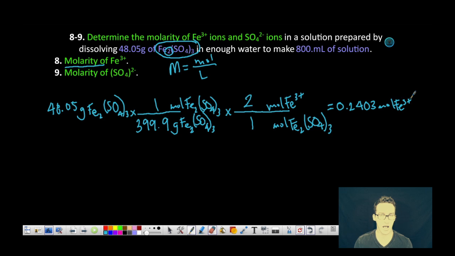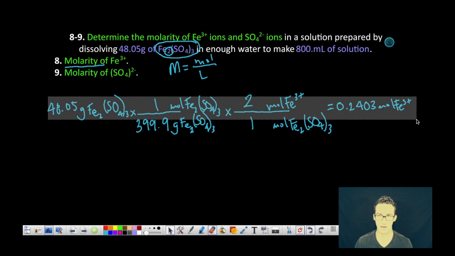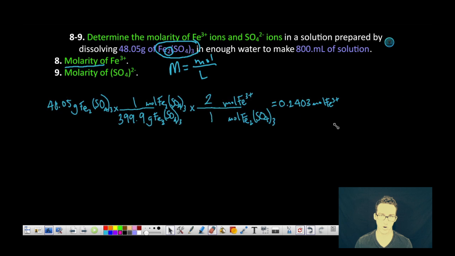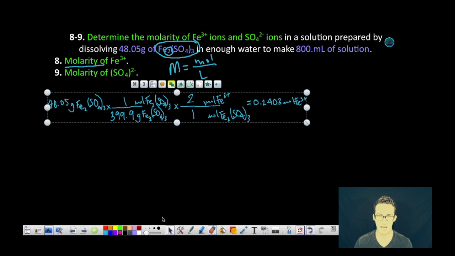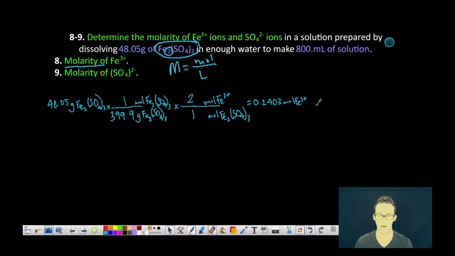Woo! That unfortunately does not answer our question. We're asked to solve for the molarity, not for the number of moles. So we're going to shrink this down a little bit, and then we're going to plug the number of moles, 0.2403 moles, in 0.800 liters.